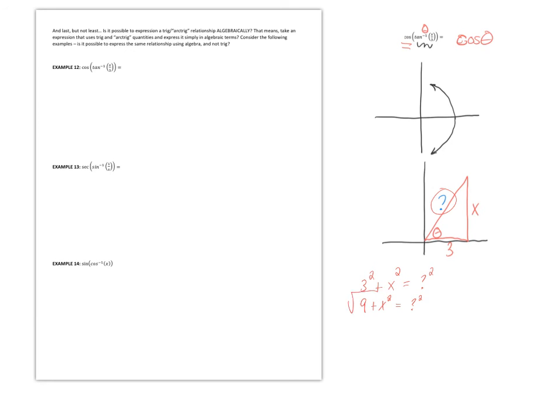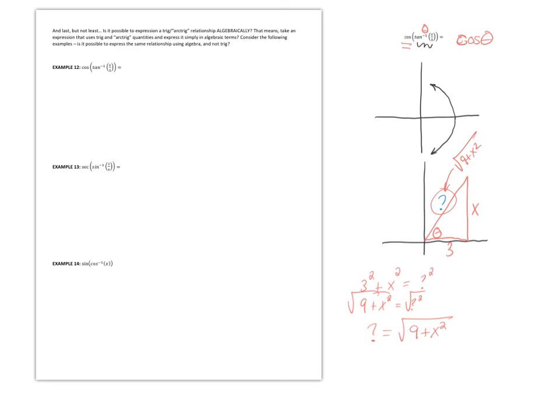That means we're going to have to take square roots of both sides. And again, we're going to assume x is positive. We're going to assume we're in the first quadrant, so we can take the positive square root. So question mark is the square root of 9 plus x squared. So for this side over here, where we have the question mark, we do have an expression for it. It's the square root of 9 plus x squared.